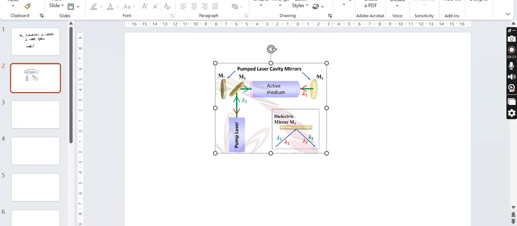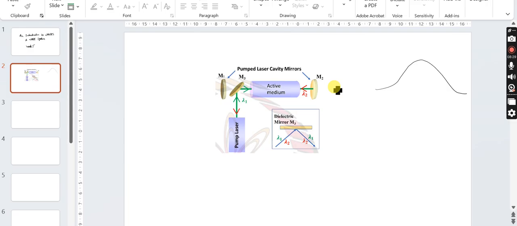Using conventional light sources produces a very weak light, and you cannot pump with such light.